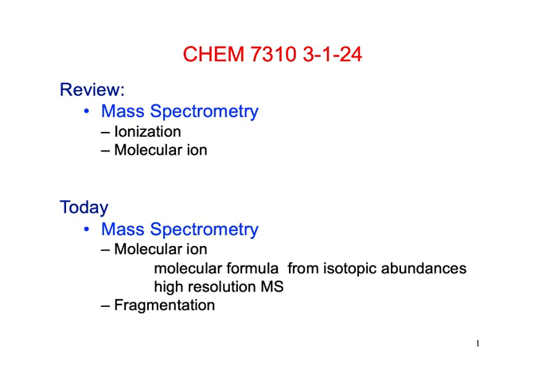Today, we're going to continue our discussion of mass spectrometry. So last time, we talked a little bit about what happens during recording of a mass spectrum. First thing we have to do is ionize the sample.